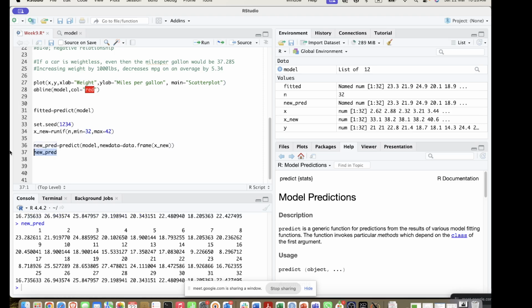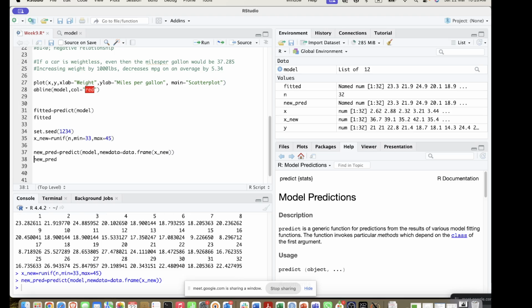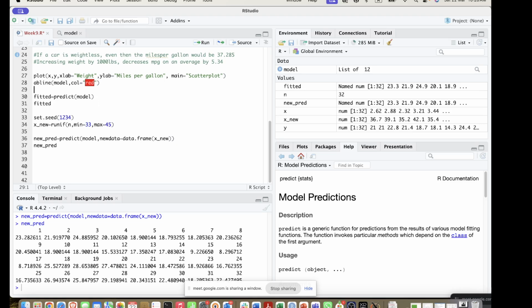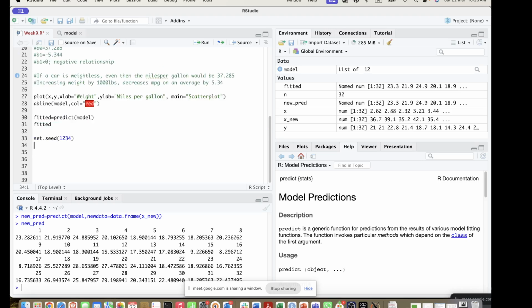So this is how the new predictions would look like, and this is how the fitted model would look like.